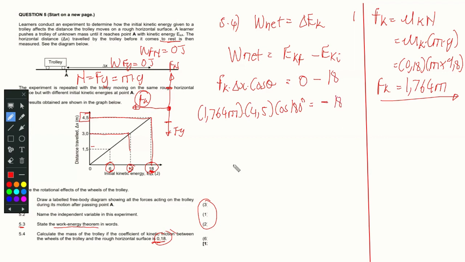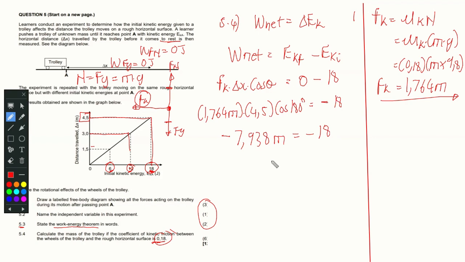And then let's punch this into our calculator. On your calculator, you're going to have 1.764 multiplied by 4.5 cos 180 degrees, right? So basically, you just punch all of this. This will give us negative 7.938. You still keep the m equals negative 18.